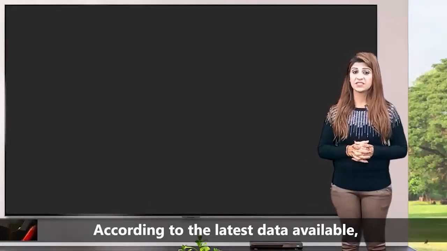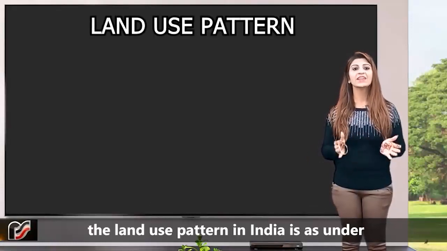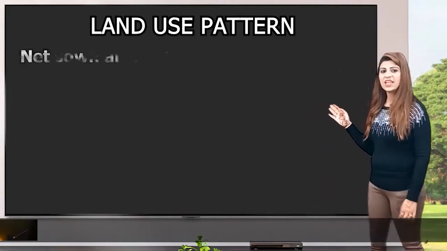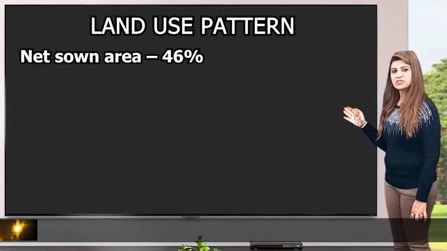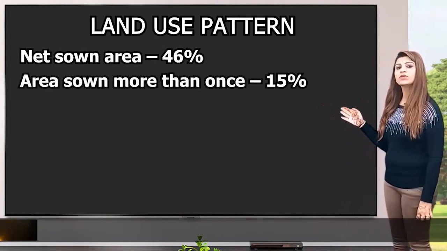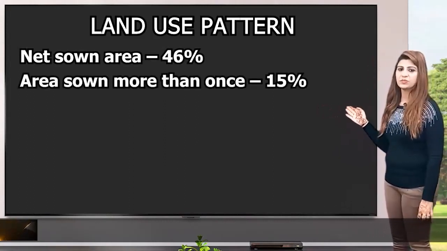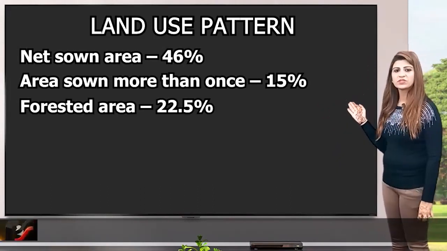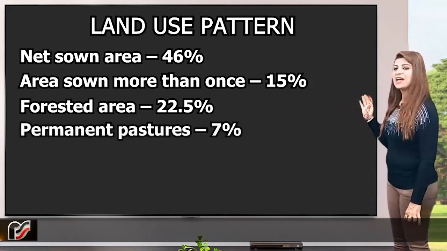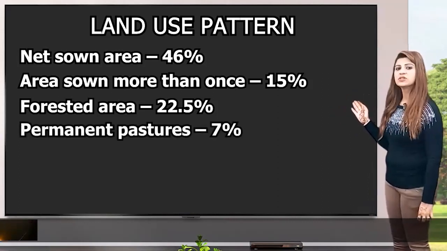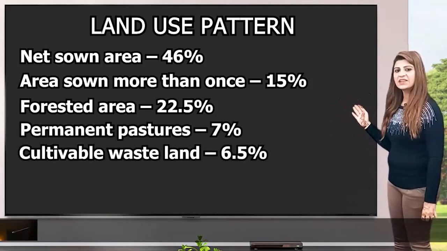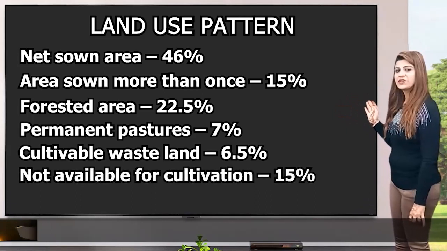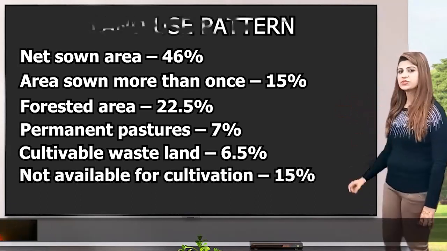According to the latest data available, the land use pattern in India is as under: net sown area 46%, area sown more than once 15%, forested area 22.5%, permanent pastures 7%, cultivable wasteland 6.5%, not available for cultivation 15%.